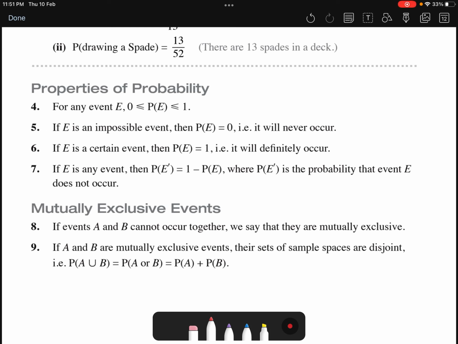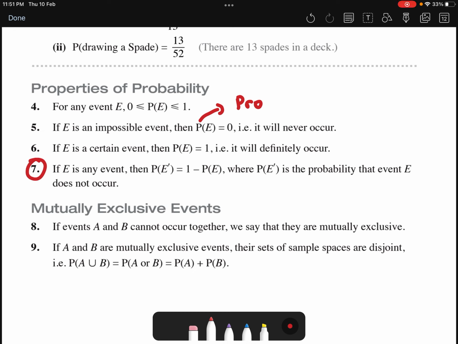If E is an impossible event, then P(E), where P means probability, the probability that event E will happen is 0. If E is a certain event, meaning it will confirm happen, then P(E) is equal to 1.